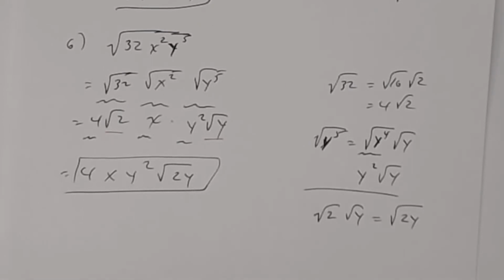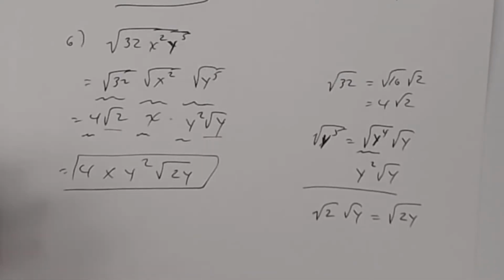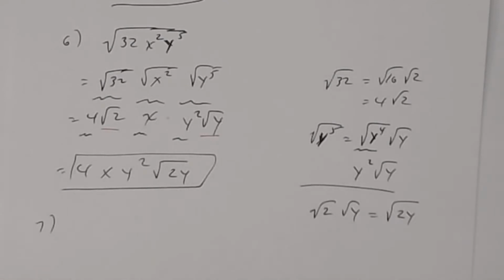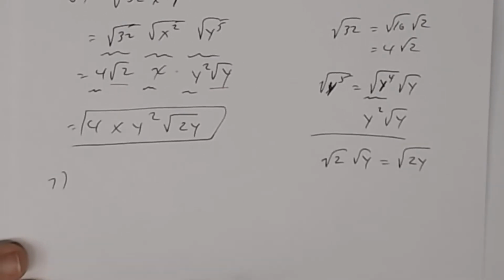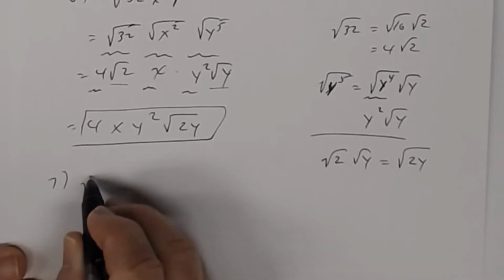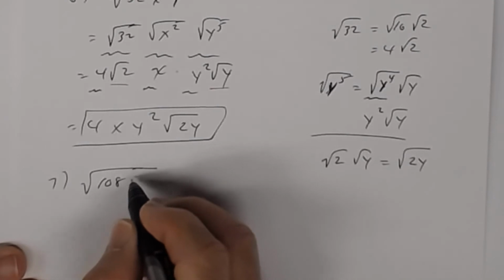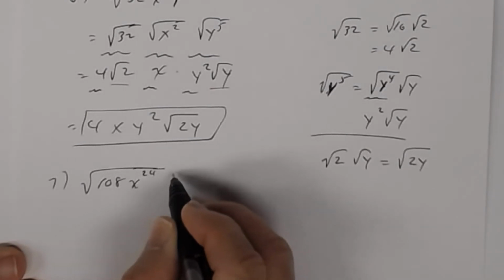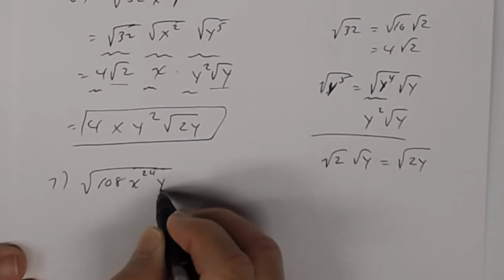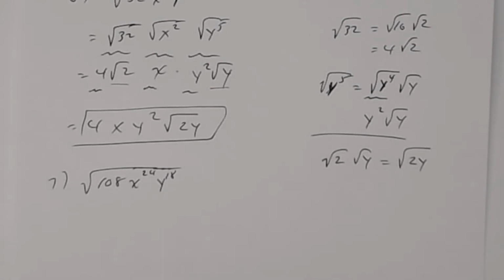Okay, now let's go to number 7. So number 7, I think we have enough room here. In number 7, we have the square root of 108 x to the 24th y to the 18th. Square root of x to the 24th, y to the 18th.